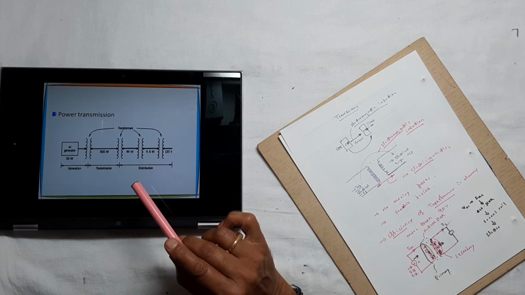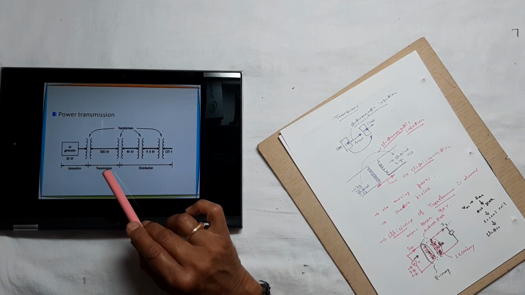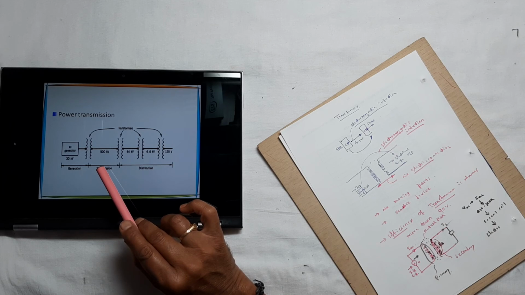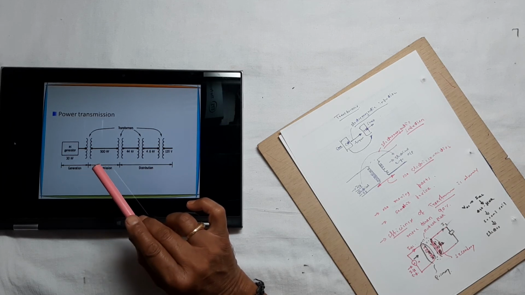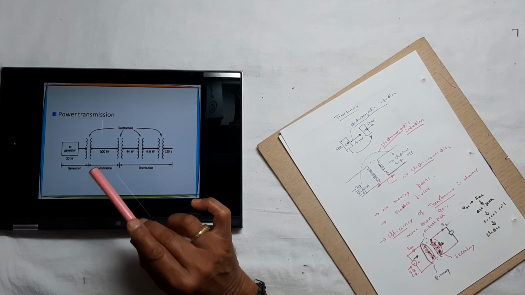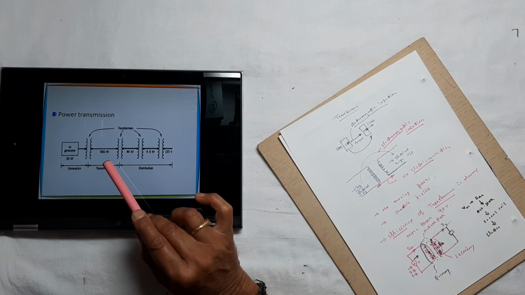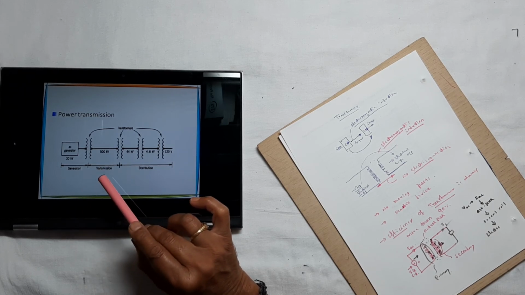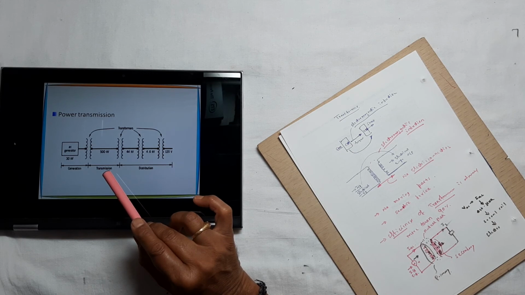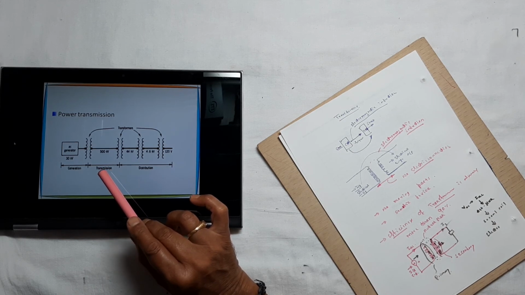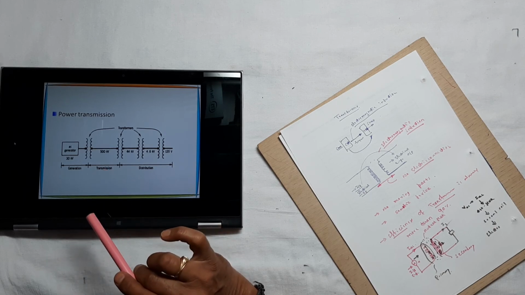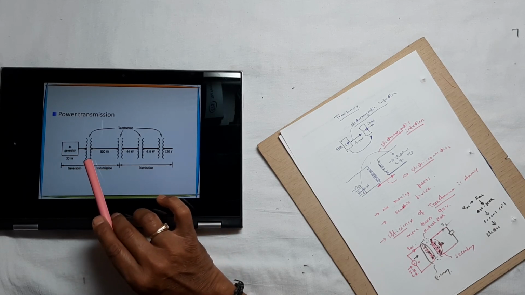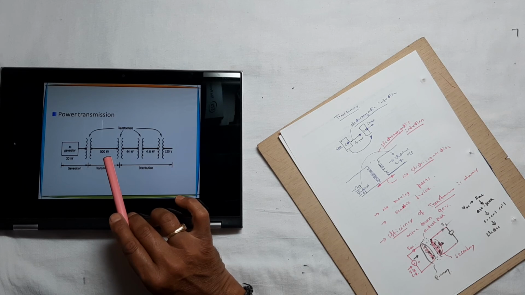The second advantage is that if the current is reducing, the conductor size is reducing, so the cost of the conductor is also reducing, and the supporting structure for a smaller conductor is also reduced. Hence, there is a total economy you get out of a high voltage transmission rather than a low voltage one. Therefore, for transmission you step up the voltage.